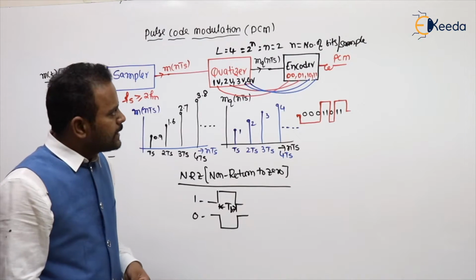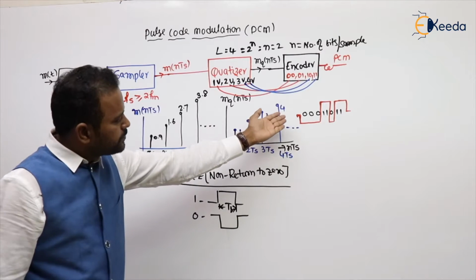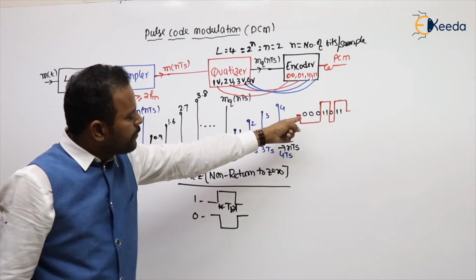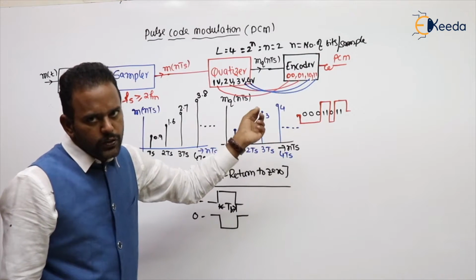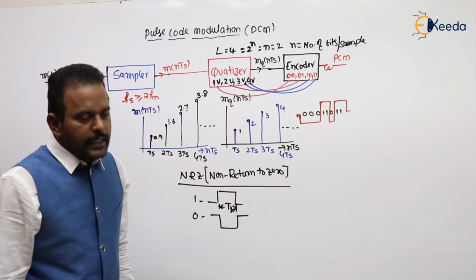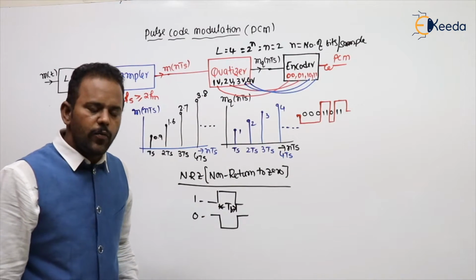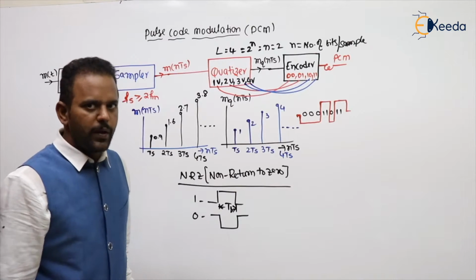Means the generated PCM signal is what we generated here, 0 0 0 1 1 0 1 1. The generated PCM signal we can transmit only through the cable.